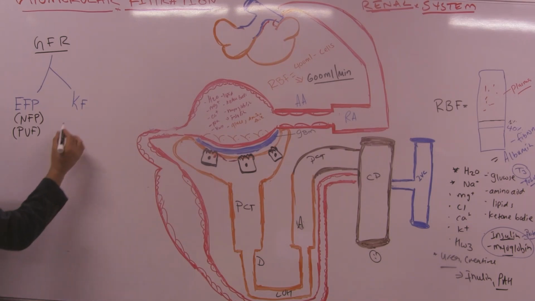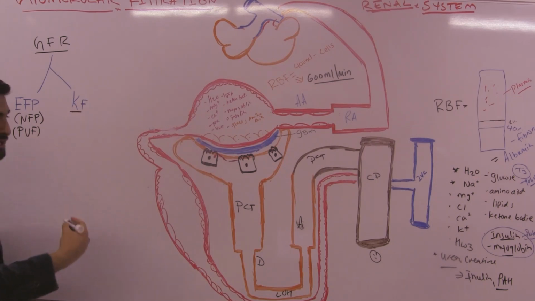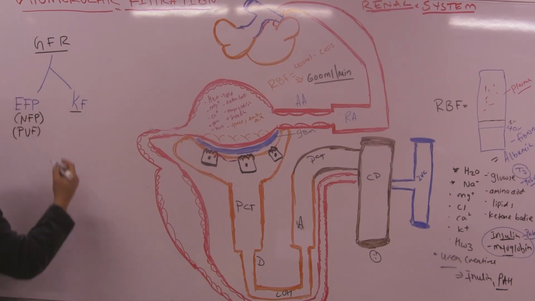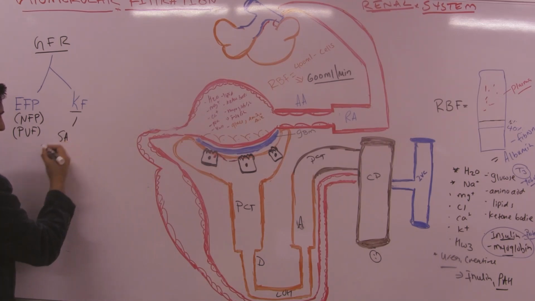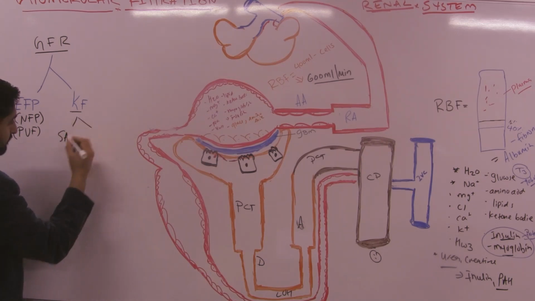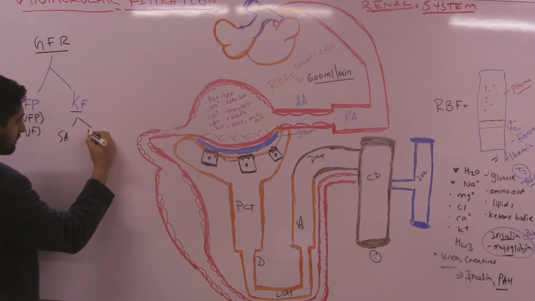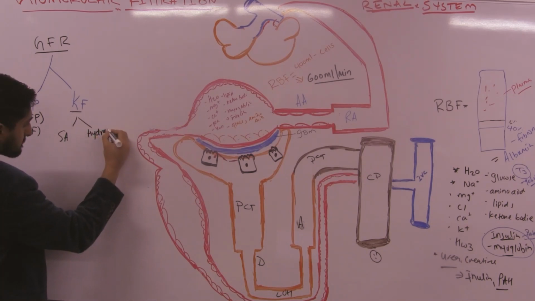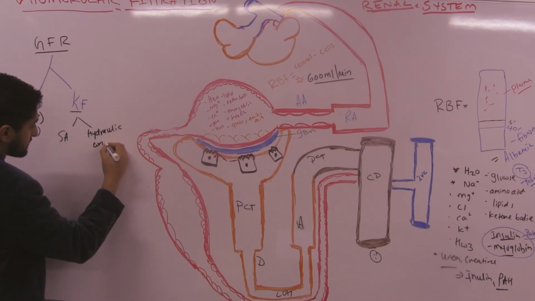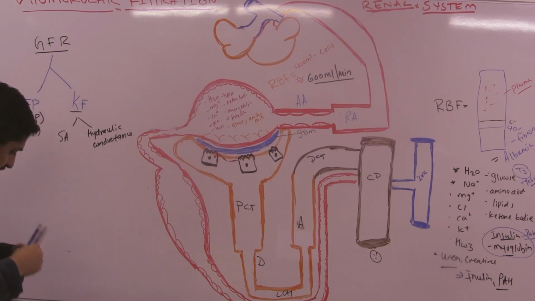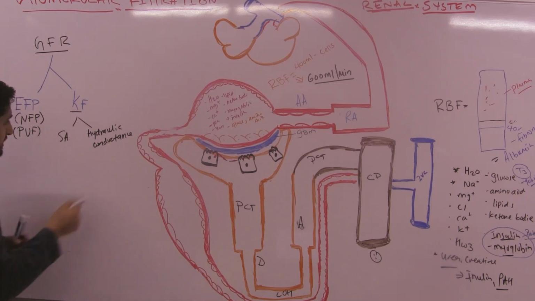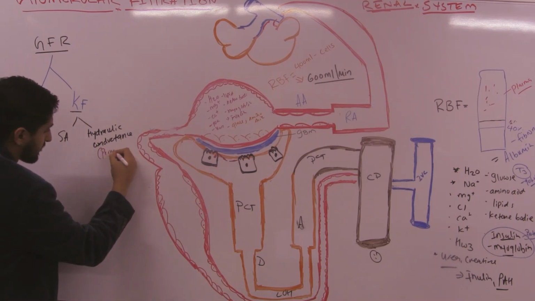This filtration coefficient itself depends on two things. One is called surface area, and the other is the so-called hydraulic conductance, which basically means the permeability we're talking about.